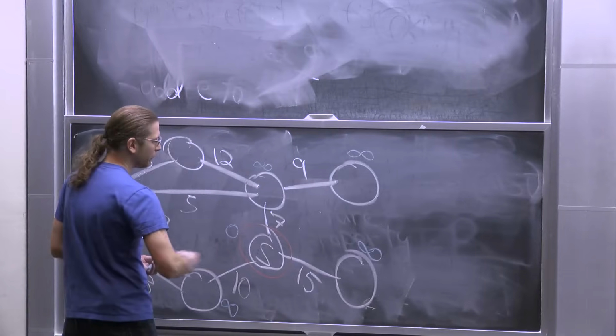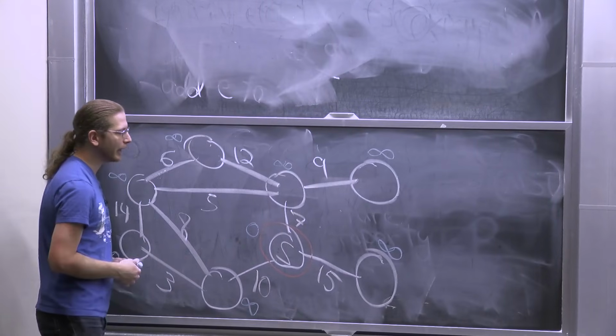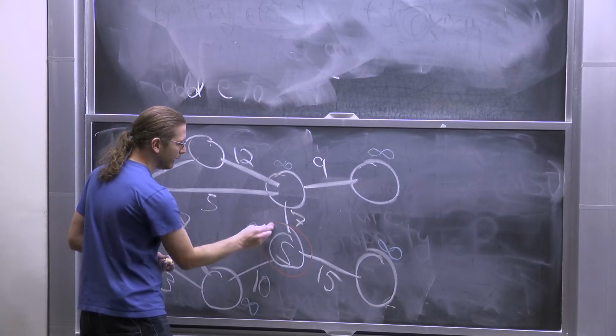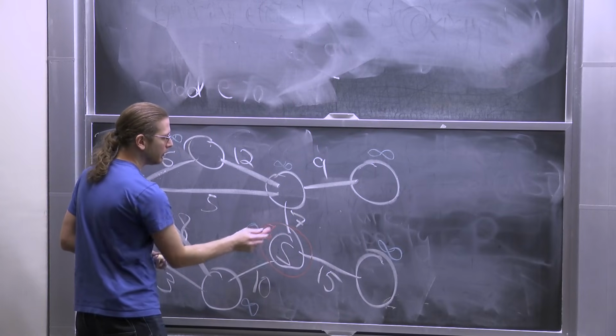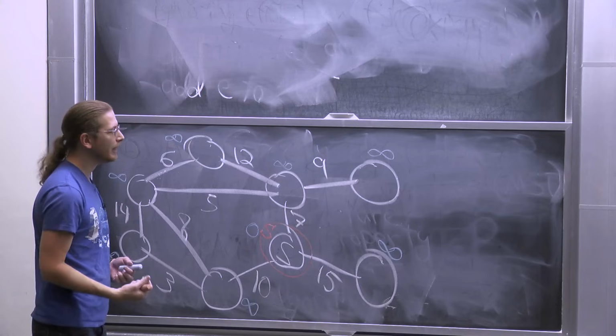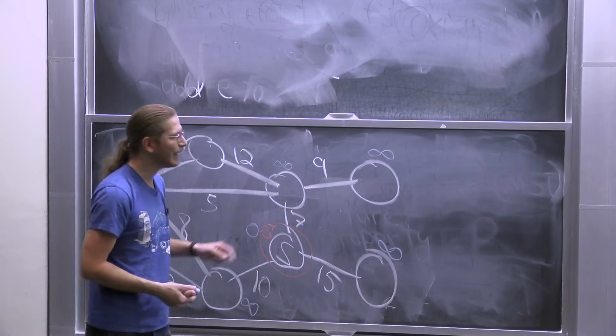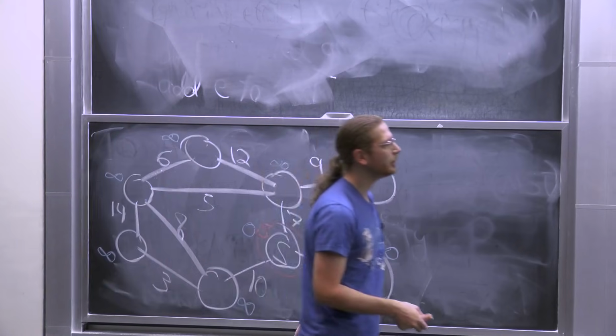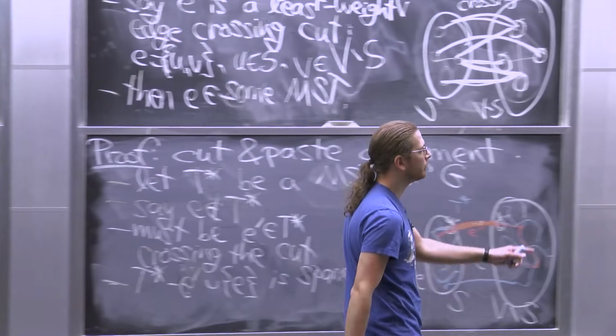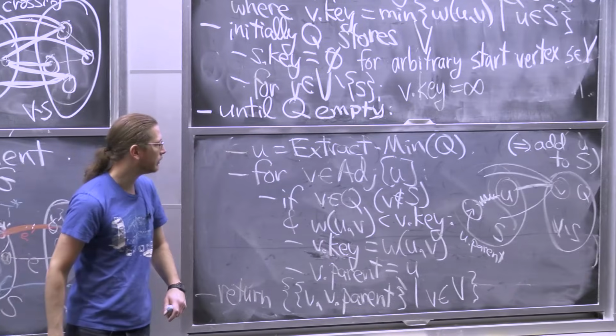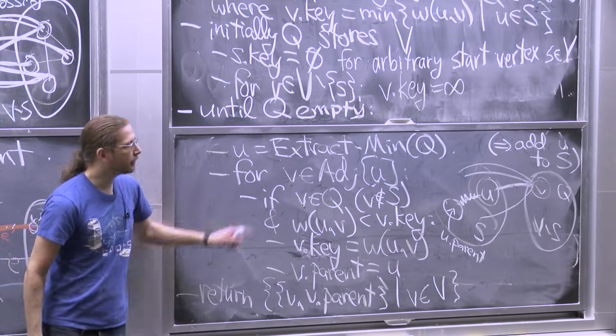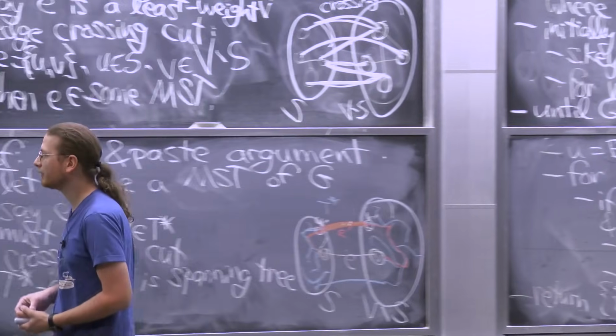So that's when I draw the red circle containing little s. The red circle here is supposed to be capital S. So at this point, I've added little s to capital S. And then I look at all of the neighbors v of s, and I make sure that they are outside of S. In this case, they all are.